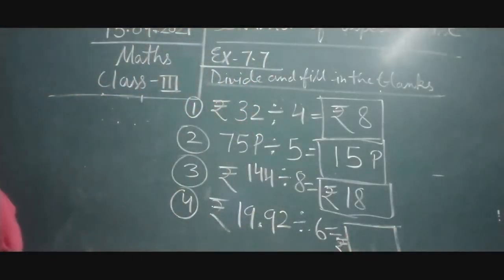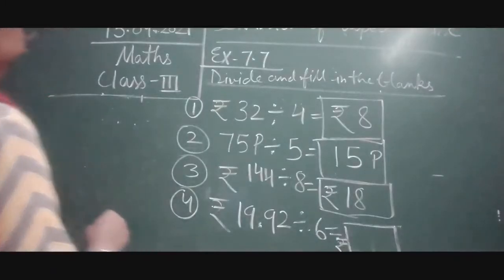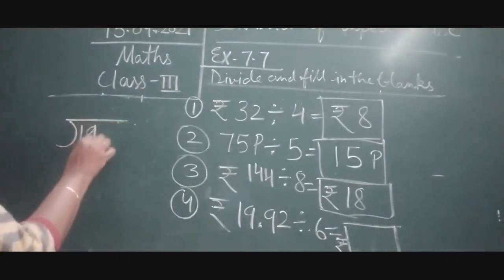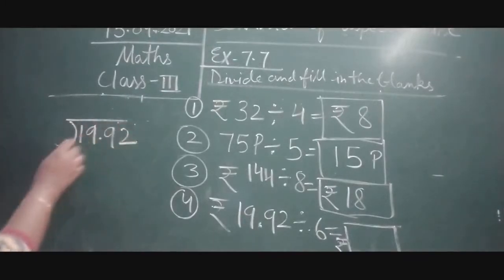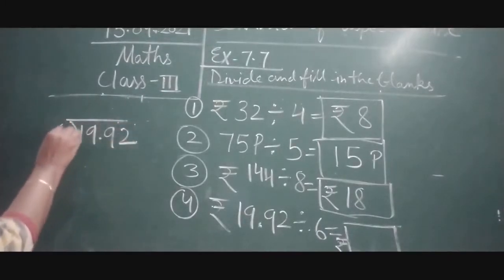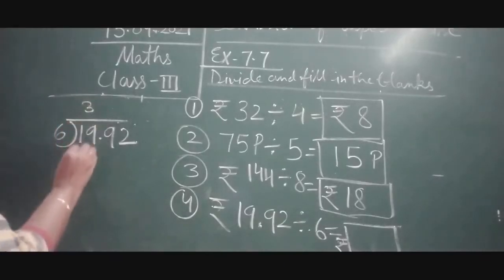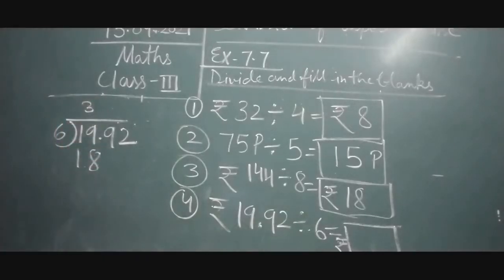Okay children, so first we will do this. So here 19.92 divided by 6. Okay children, so here we are going to do division. 6 ones are 6, 6 twos are 12, 6 threes are 18. 18 we will see.